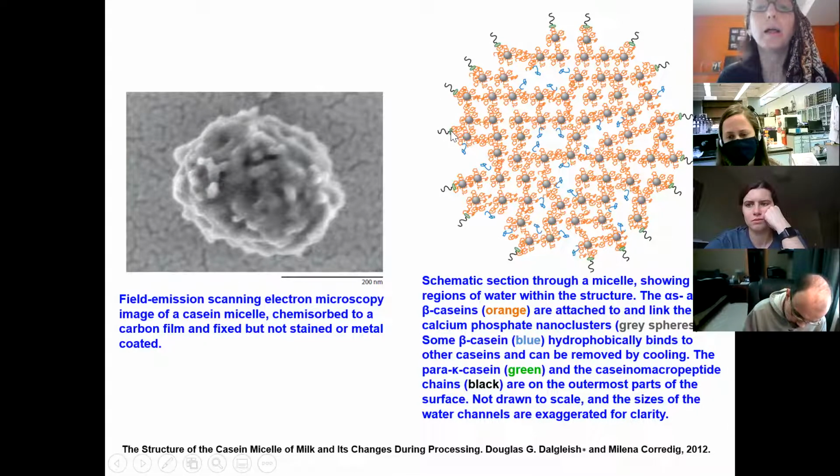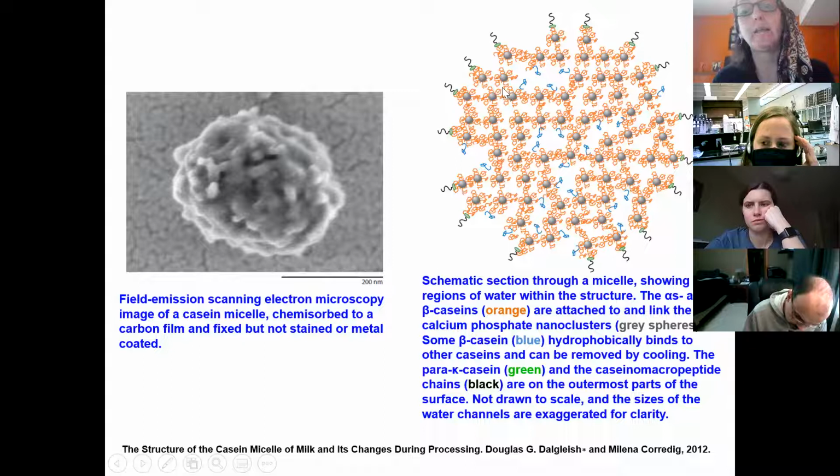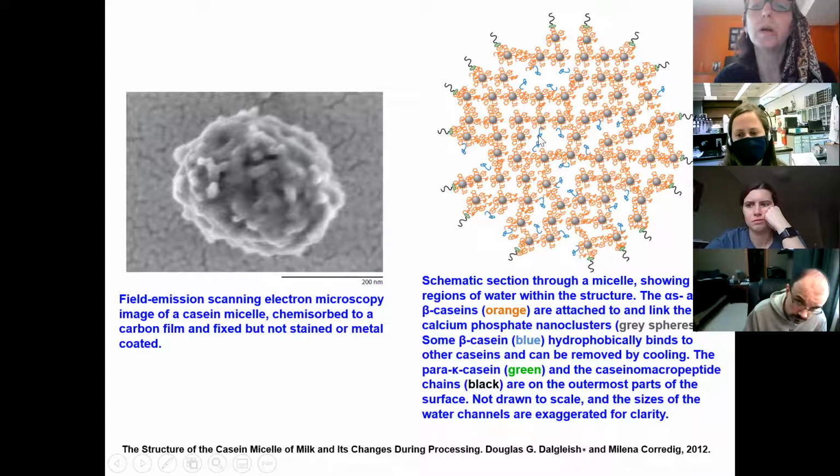The green spot is the other side of the kappa casein, which is the para-kappa casein. And the alpha S's and the beta in orange are interacting with each other. And the blue part is just the hydrophobic component of beta casein that encourages hydrophobic interactions, basically.